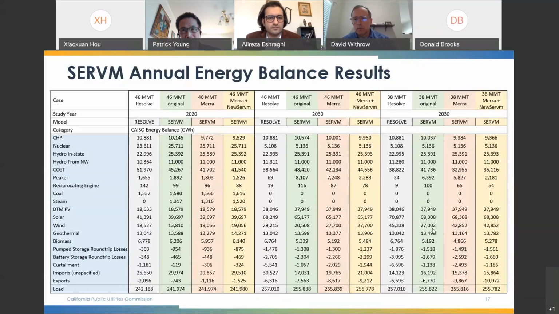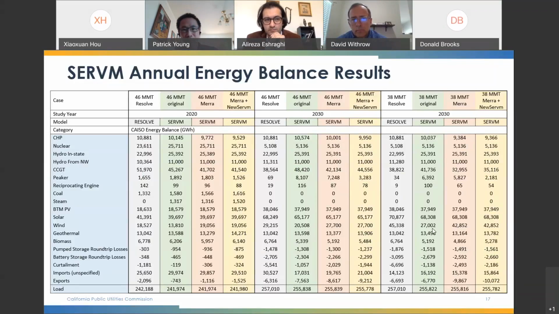I know this isn't really related to the SERVM work, but ultimately my only concern is that the assumptions and inputs going into the capacity expansion model, as well as the production cost modeling, are the same in order to be able to make much more easily comparable results between the two models.